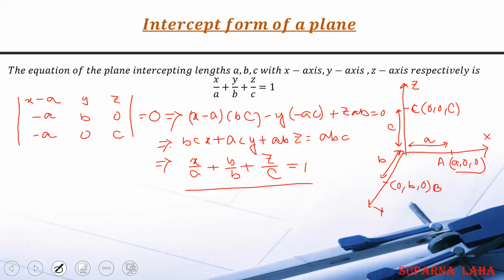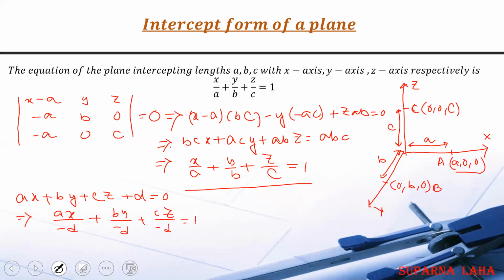From here also you can establish the equation. Or from the general equation, you can also establish the intercept form. ax plus by plus cz plus d is equal to 0. So we can write this as ax plus by plus cz is equal to minus d. Divide the whole equation by minus d, we get ax by minus d plus by by minus d plus cz by minus d is equal to 1.